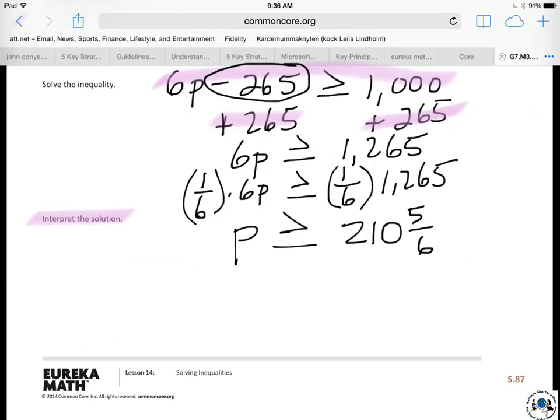Remember, it's always the additive inverse that is being applied here. If this is a positive number, then I'm subtracting, but if it's a negative number, which it is here, I am adding. Then I end up with 6P is greater than or equal to 1,265 people.